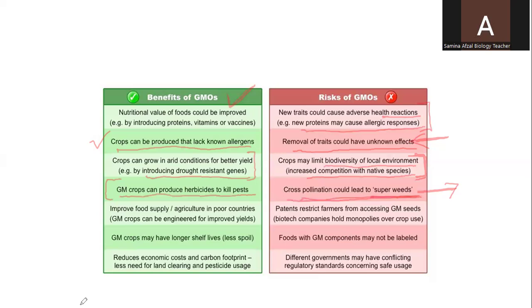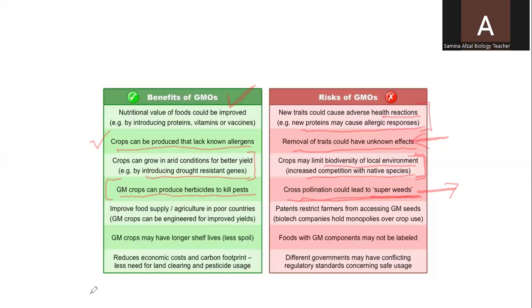So genetic modification can improve food supply and agriculture in poor countries. We can increase the production by this method. So by increasing the production, we can supply this to the countries which have very poor agriculture.